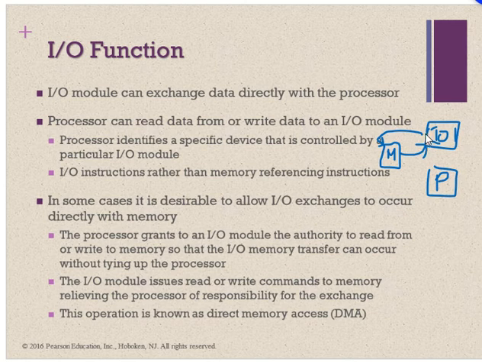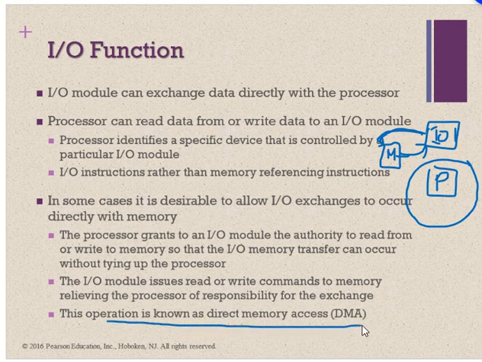The I/O module reads the data or writes something onto the memory, so the processor is relieved from this task. This operation is called direct memory access, because the I/O accesses the memory directly without the intervention of the processor. So that's what you call direct memory access.